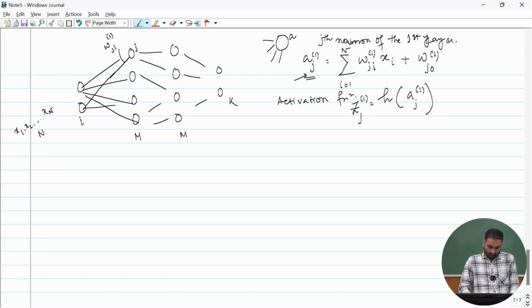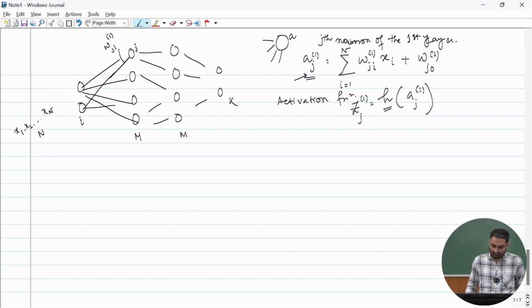Okay. So now this activation function is very important. So far, in case of perceptron, this was just a linear function, step function, right? We'll discuss these activation functions in today's lecture.